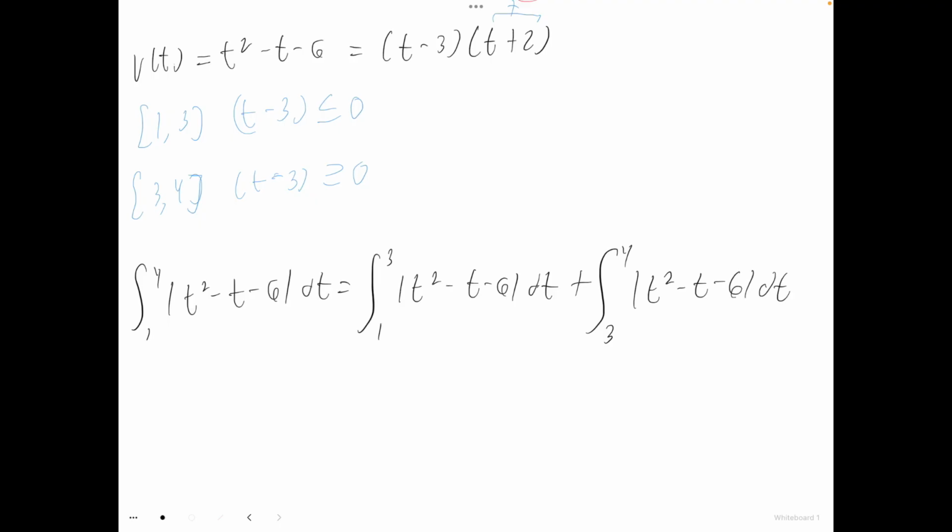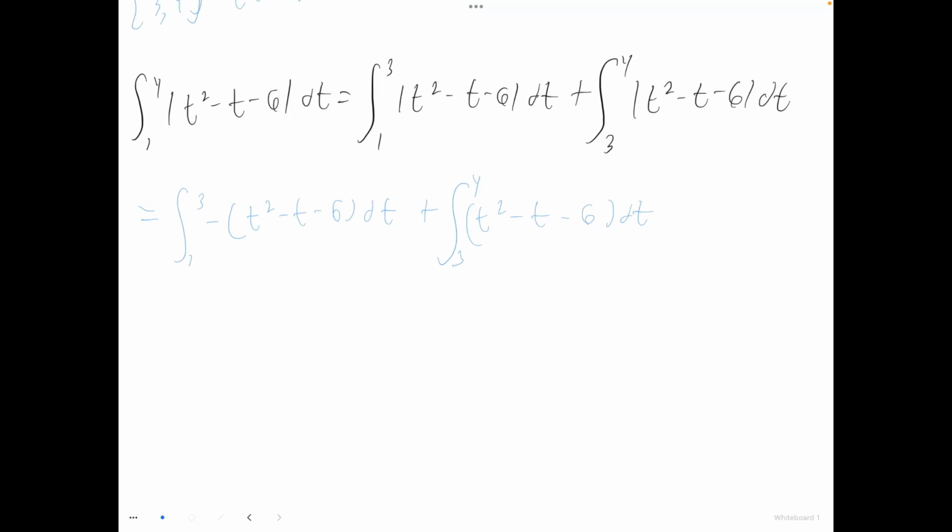And now for the first piece here, from 1 to 3, we're negative for that entire distance. And so we're going to stick a negative in front of everything. And so we're going to have the integral from 1 to 3 of negative (t squared minus t minus 6) dt. Then plus, on 3 to 4, we are positive, so we just have t squared minus t minus 6 from 3 to 4.